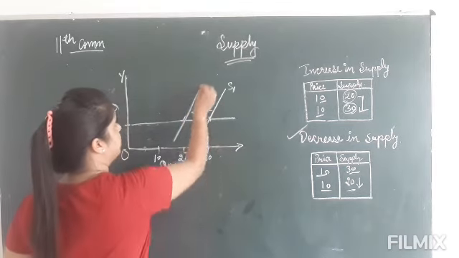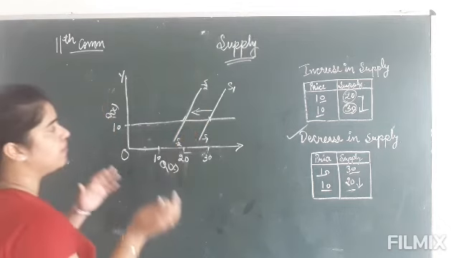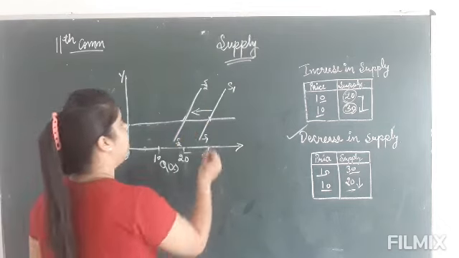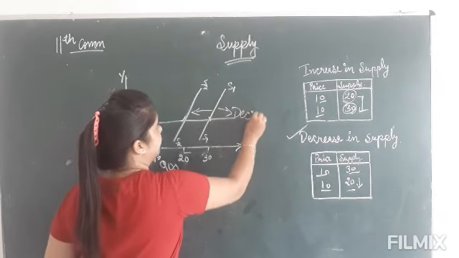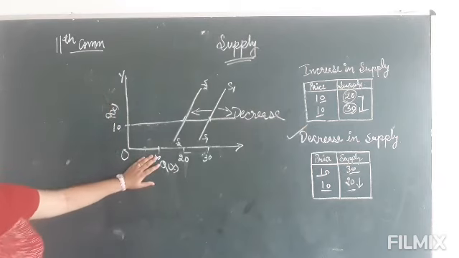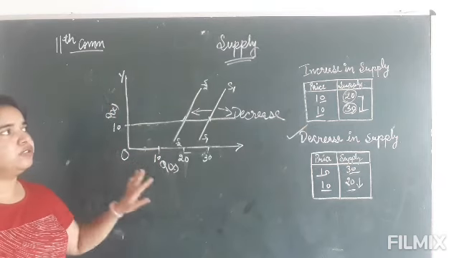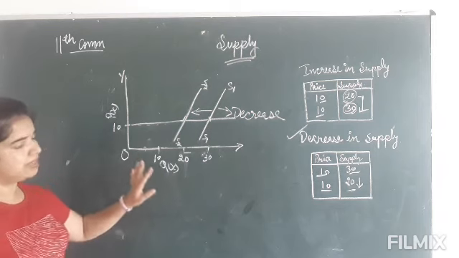This is S1, this would be S2 because this is the second curve which we have drawn, and this backward shift will be known as decrease in supply. So this is how you can describe the change with the help of increase and decrease in supply.